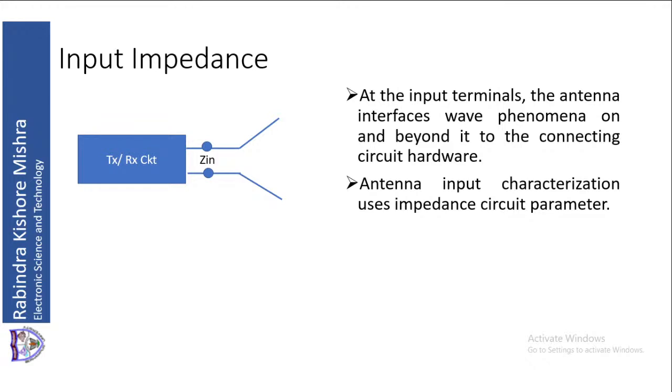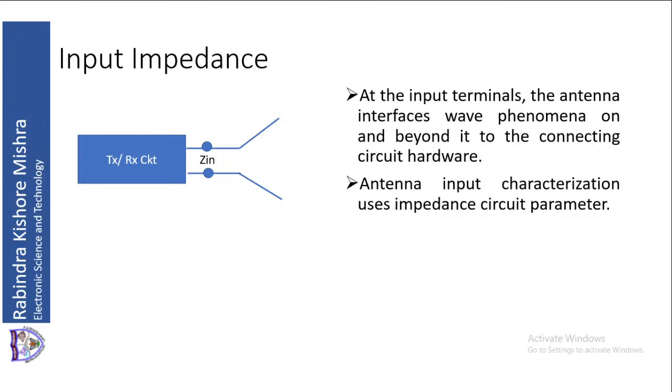The antenna input characterization uses the impedance circuit parameter, because if I remove the antenna and put the antenna at this input point, it is as if we are putting a load across the circuit, so the circuit is delivering power to a load.